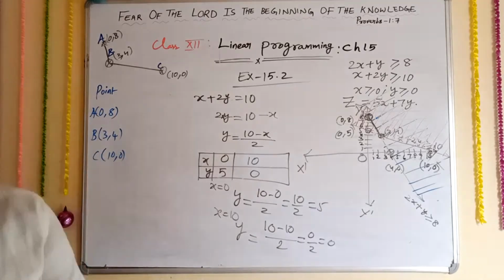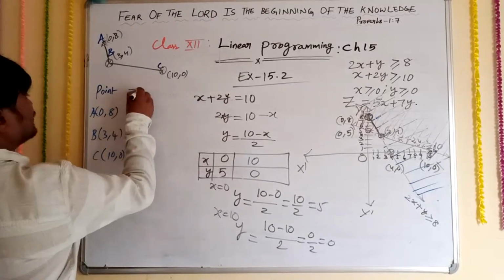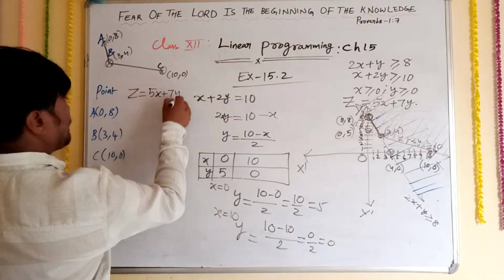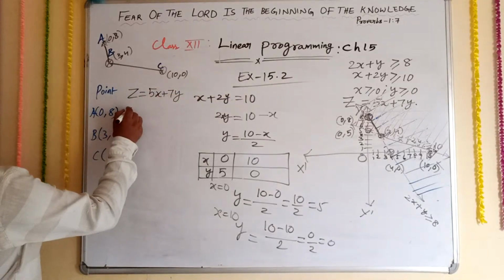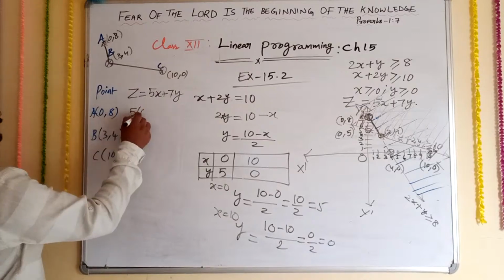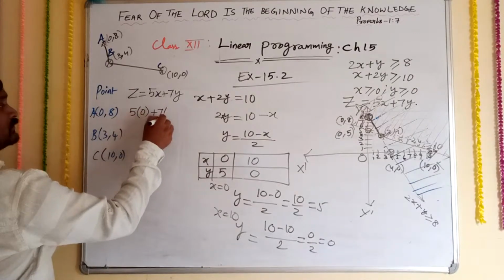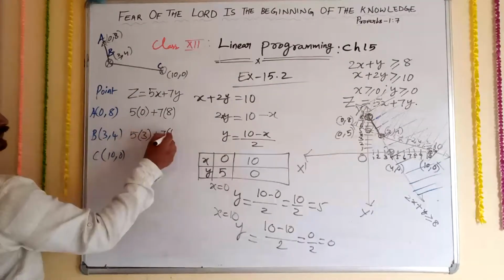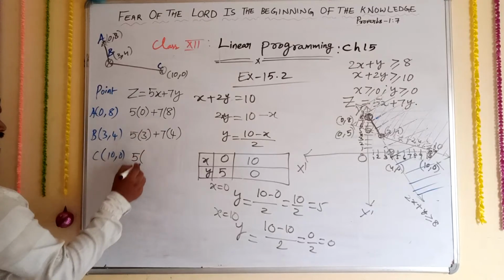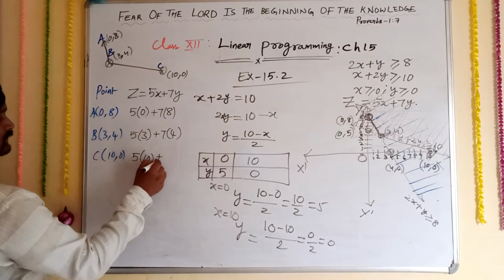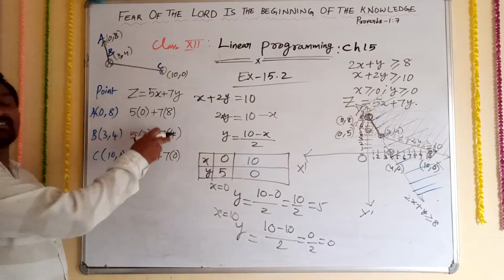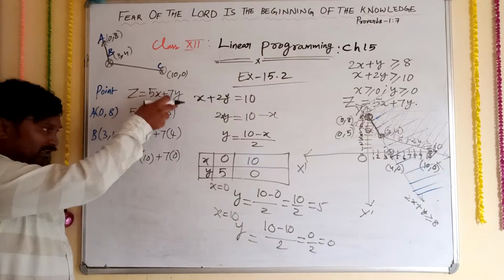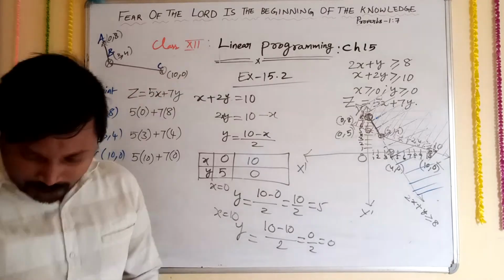Now what is your function z? So you know that z is equal to 5x plus 7y. Now here 5 into what is x here? 0 plus 7 into 8. And same method here 5 into 3, 7 into 4. 5 into 10, 7 into 0. Just you are substituting x and y values in this z place so that you get your value of objective function.